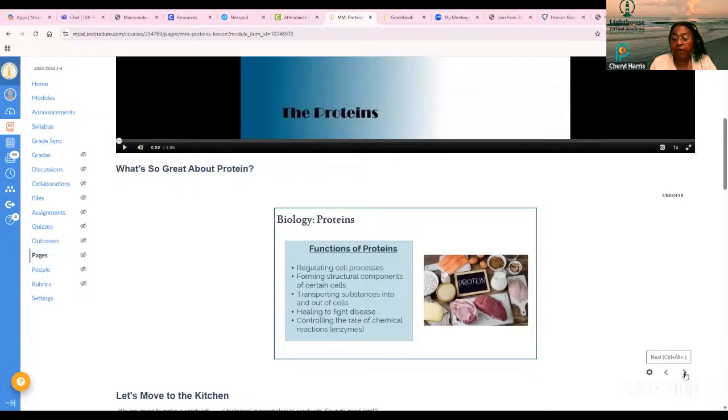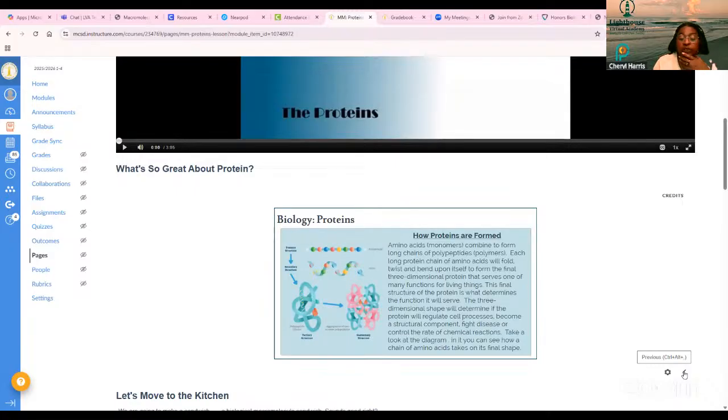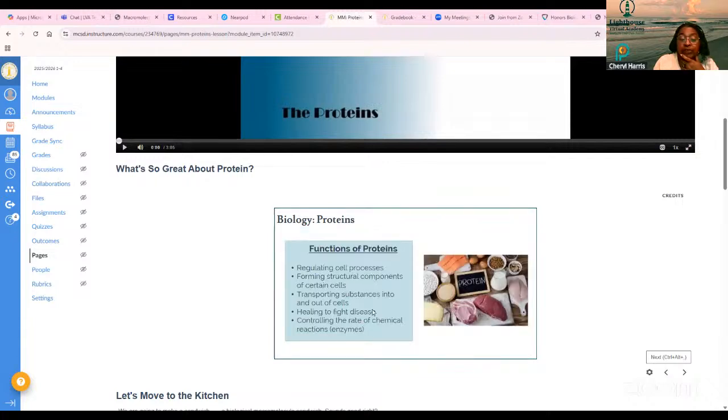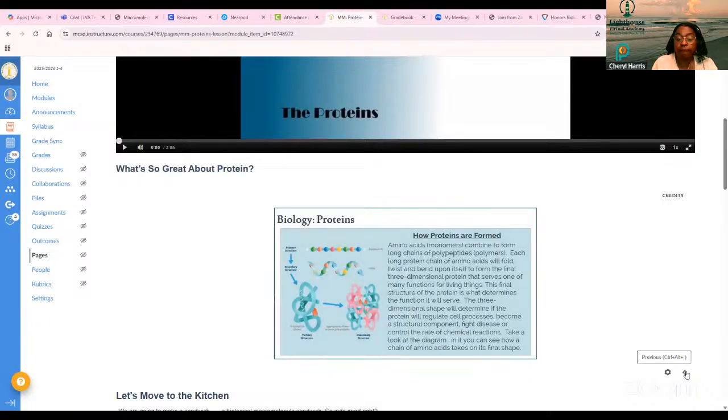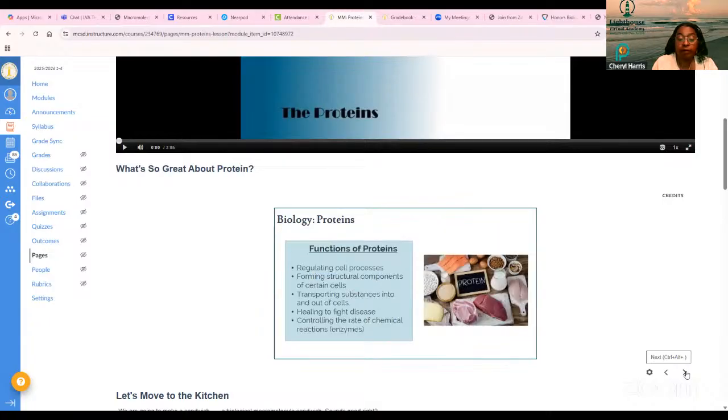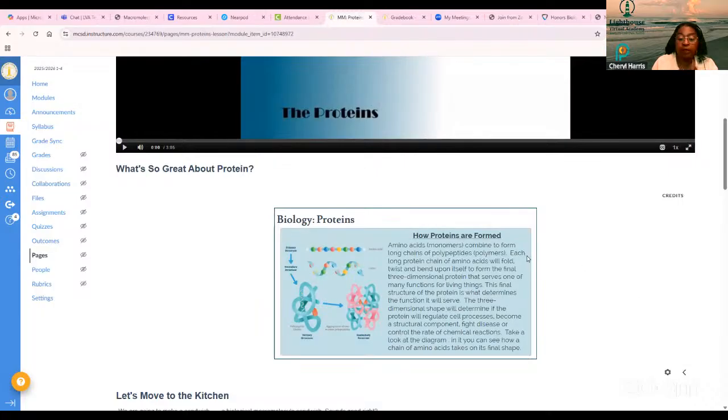Go through this and make sure that, so we took our information for proteins from this block right here. If there's anything in here as far as function is concerned, this is what you should have in your first box as far as protein functions. Okay, that's it for that.